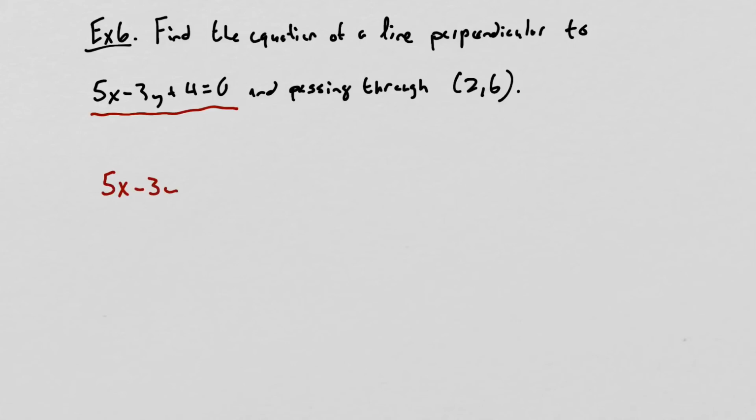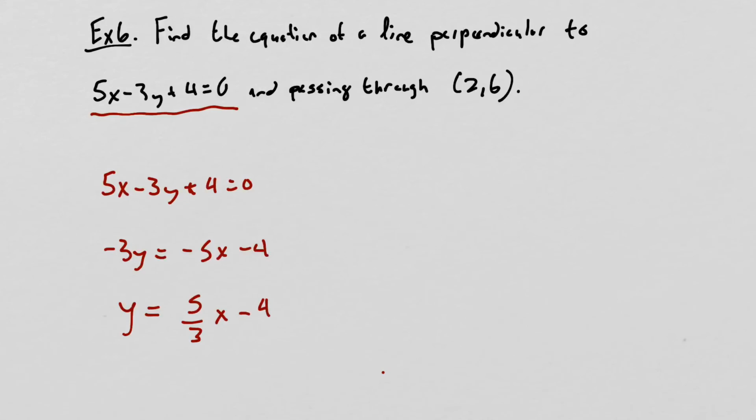So 5x minus 3y plus 4 is equal to 0. Subtract 4, subtract 5x on both sides, we'll be left with negative 3y is equal to negative 5x minus 4, which leaves us with y is equal to 5/3 x minus 4, plus 4/3.